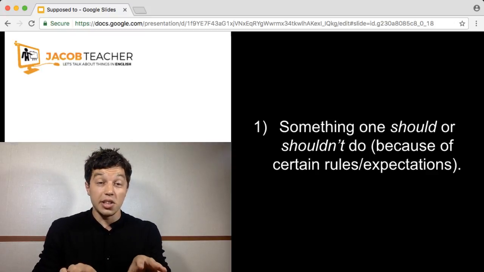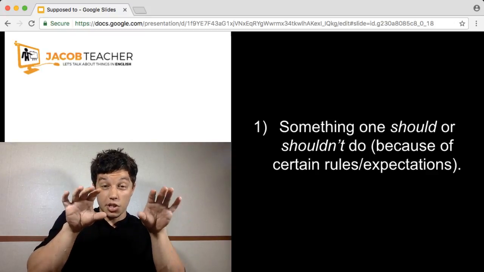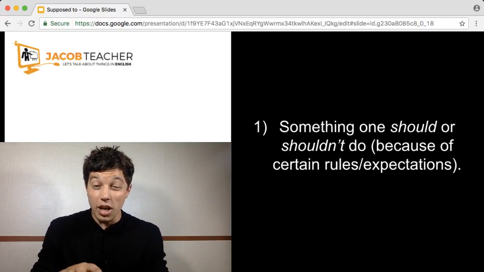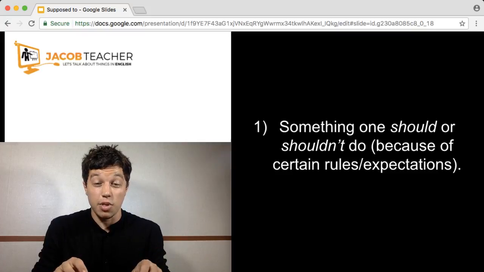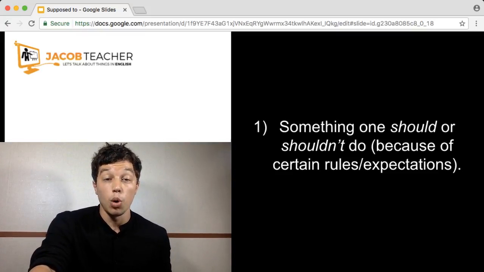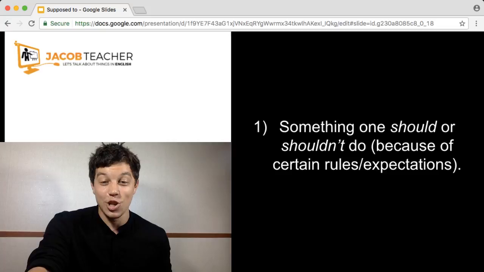And often in the examples you'll see, we can replace the phrase supposed to with should or shouldn't. And it'll mean essentially the same thing. But this is one way that we use the phrase supposed to. I've got lots of questions for you tonight too, so I'm hoping for lots of participation in the chat room.